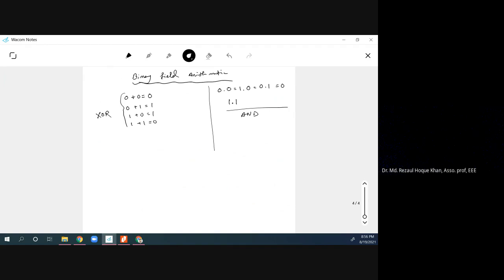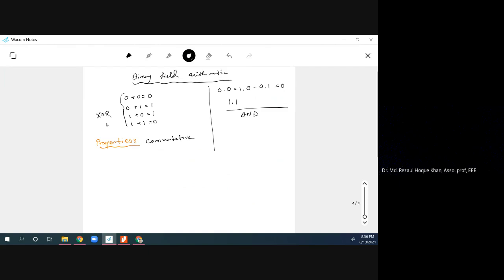From the above binary field arithmetic operations, what kind of properties does it have? It has the commutative property.